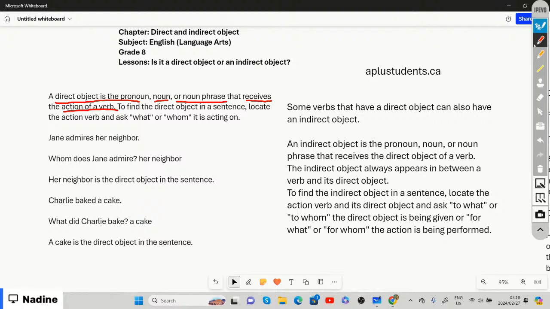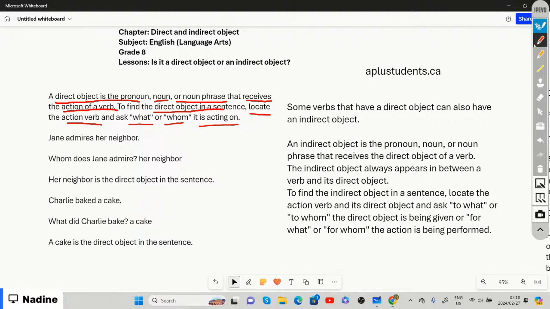So basically, once again, to find the direct object within a sentence, we first need to locate the action verb, and we need to ask ourselves what it is acting on or whom it is acting on. For example, Jane admires her neighbor.